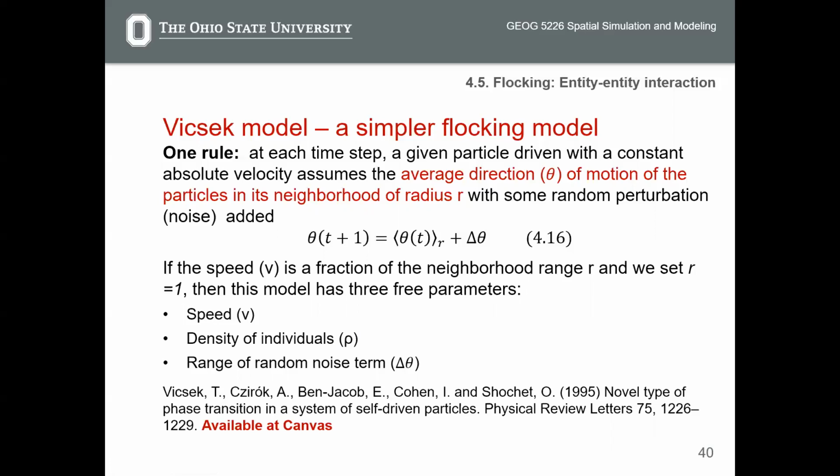If it is very good weather, they tend to spread out a little bit, right? And the range of the random noise term, delta theta, is also a free parameter because it's random, which means that it will vary within a range. This range could be large, could be small, but it's also a free parameter.